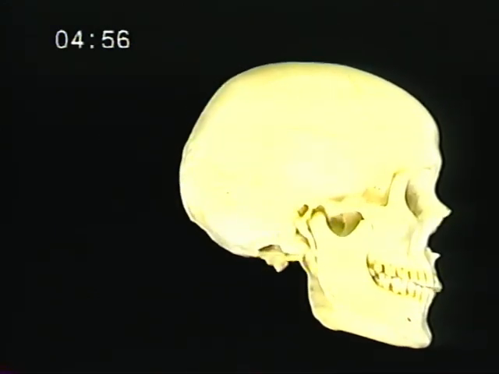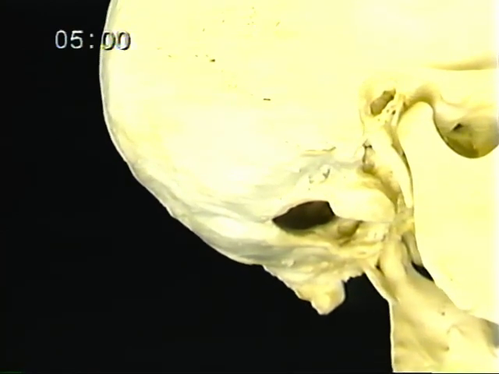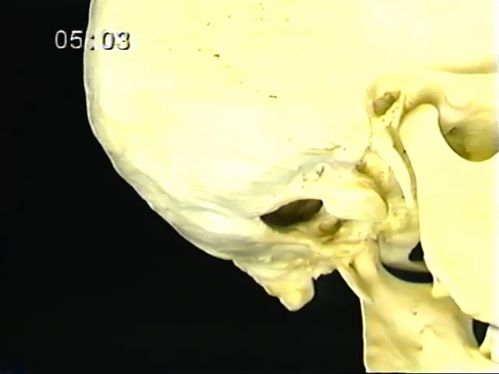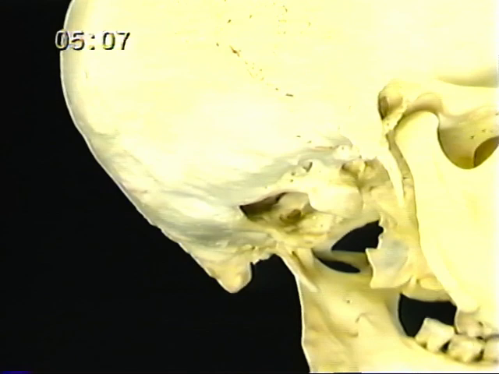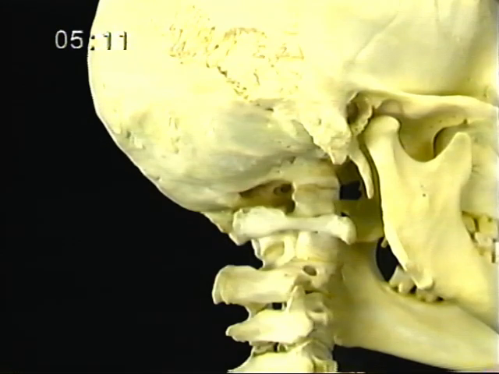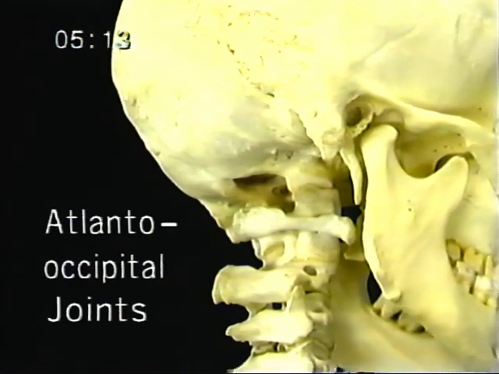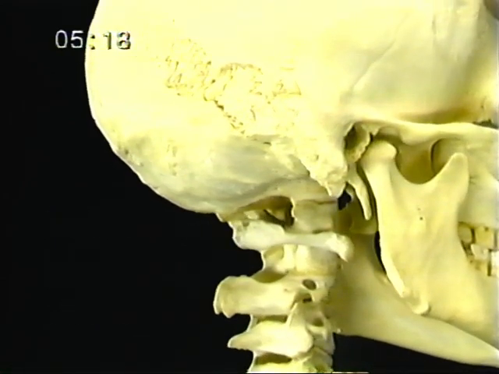Let's look at some more details in a skull that hasn't been coloured. On each side of the anterior half of the foramen magnum are the two occipital condyles. The occipital condyles are the joint surfaces which articulate with the atlas vertebra to form the atlanto-occipital joints. We'll look at these joints in a minute.